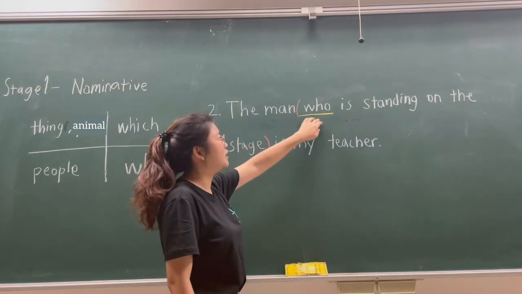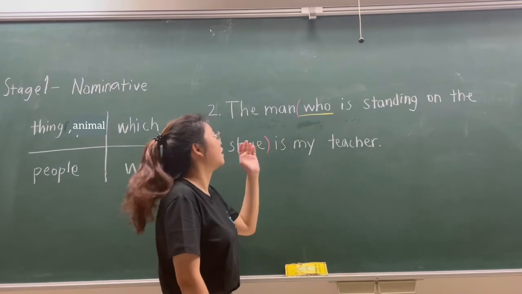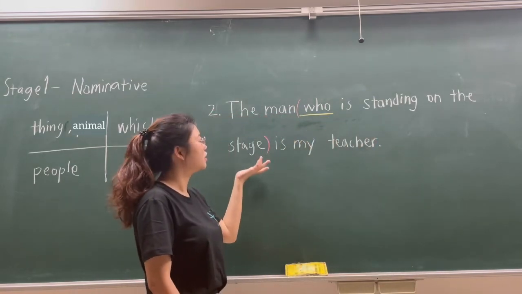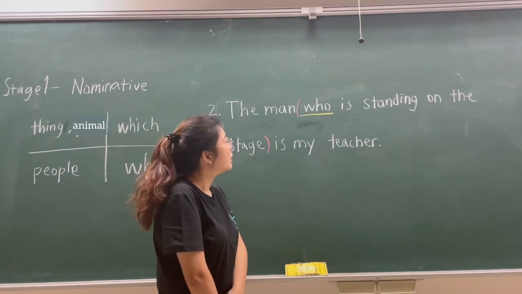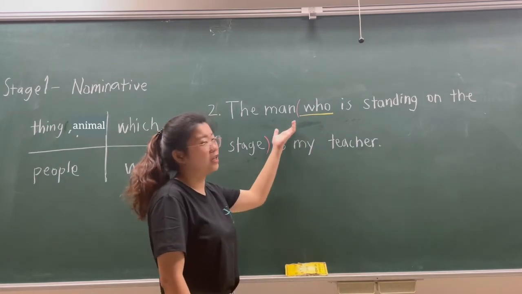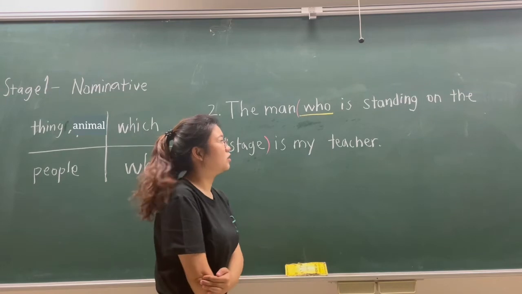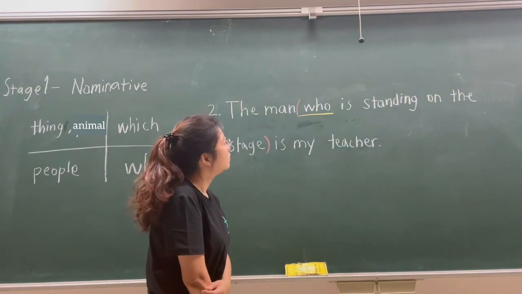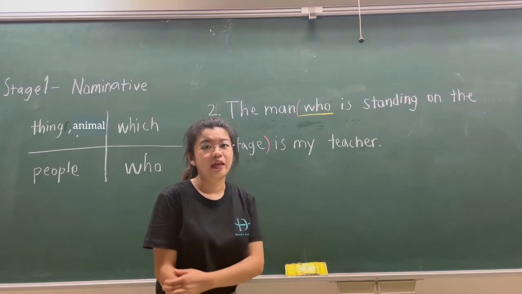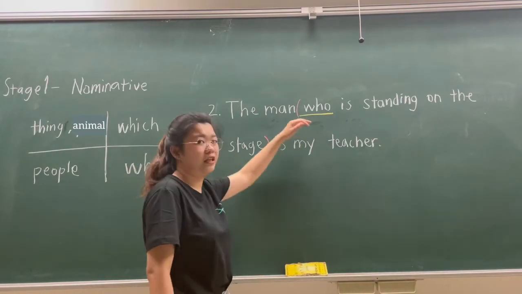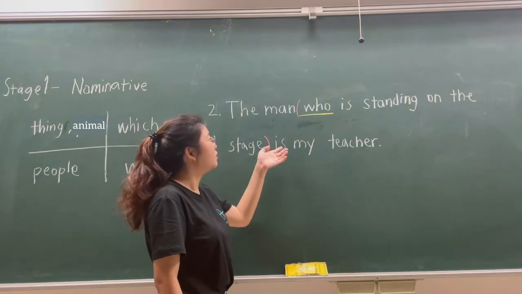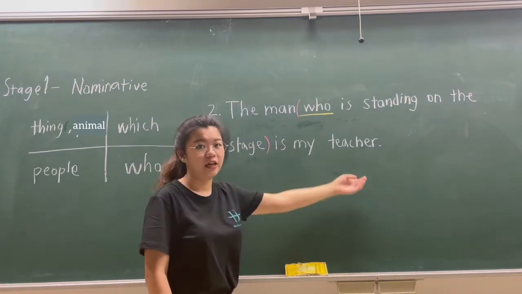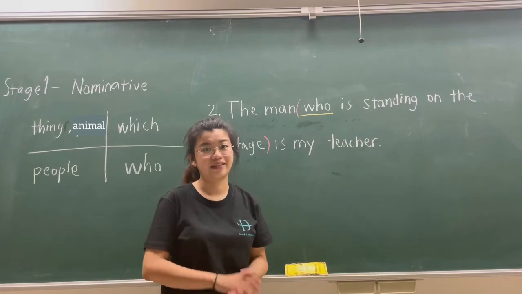We can see the sentence in red as the man is standing on the stage. And this sentence is also used to describe the man. And if we take out the sentence in red, we can see that it is the man is my teacher. And that is also a correct sentence.